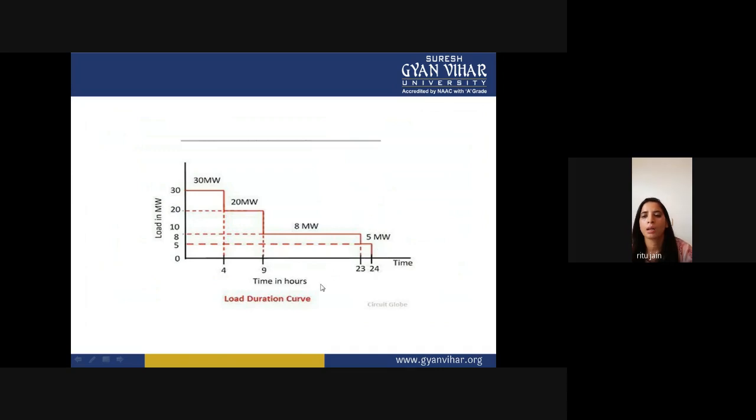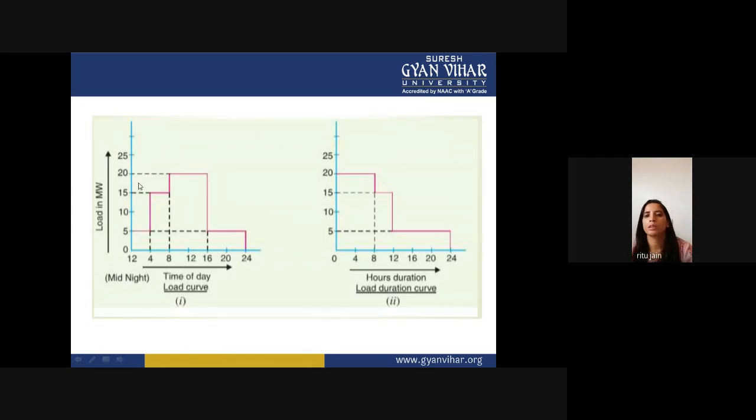And this is time in hours. So this is the basic difference between the daily load curve and the load duration curve. The daily load curve you draw according to time of the day, but this is hours duration.